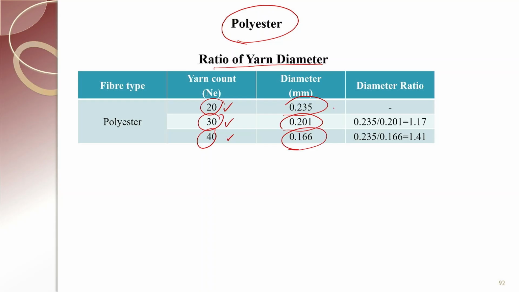So, yarn diameter gradually reduces with the increase in English count; as yarn becomes finer, yarn diameter reduces.